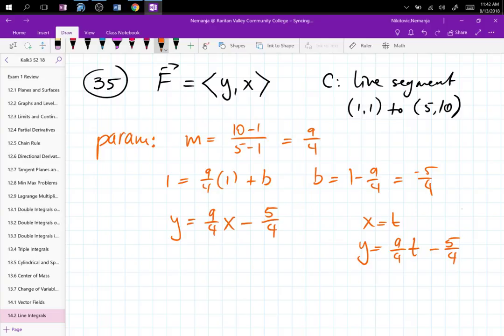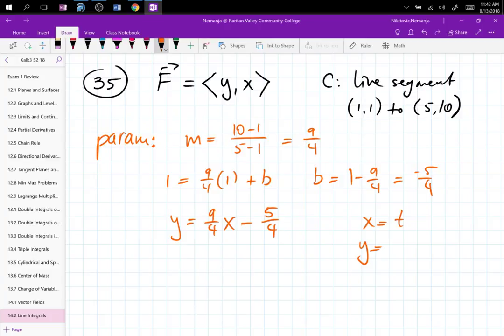No. Is it t over 4 or 4t? I can't think now. Let's see. If I say x equals 4t, and then I plug 4t in here, nah, it's not going to make it better, because the 5 over 4 will stay.